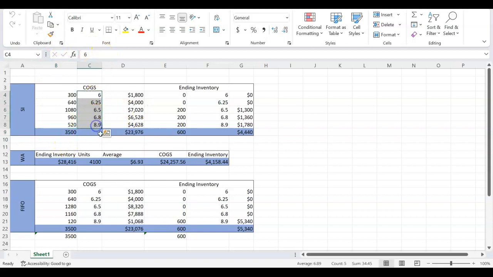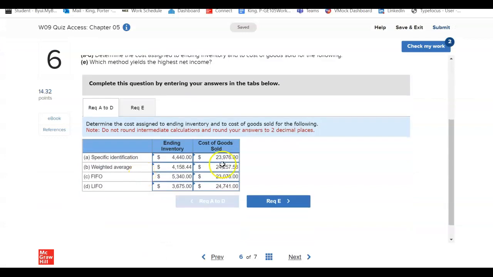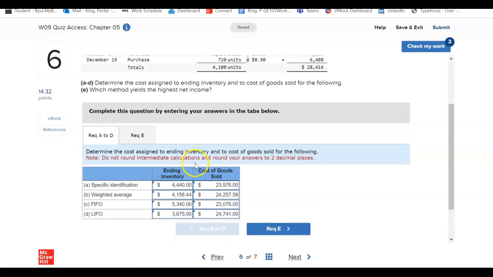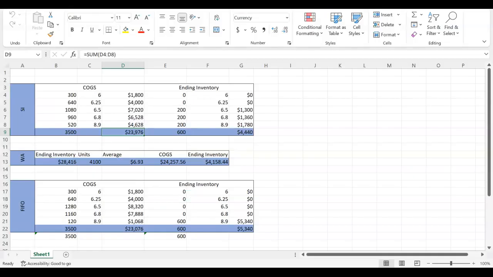We then put the prices again, did our multiplication, this time of this cell times that cell, and did a copy and paste in all of these cells, and added them all up, and we got 23,976 as our cost of goods sold. So we came back here, punched that in, 23,976, and we've got our specific identification figured out.